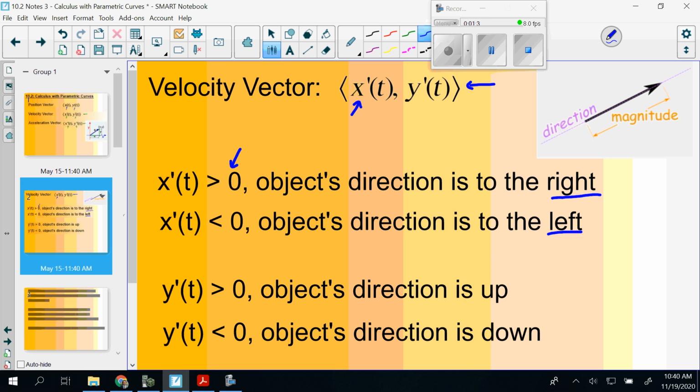So the positive or negative indicates direction. Similar with the y part of it, if the y is positive, greater than 0, then you're going to be moving up. If the y part of the velocity is less than 0 or negative, that means you are moving downwards in direction.